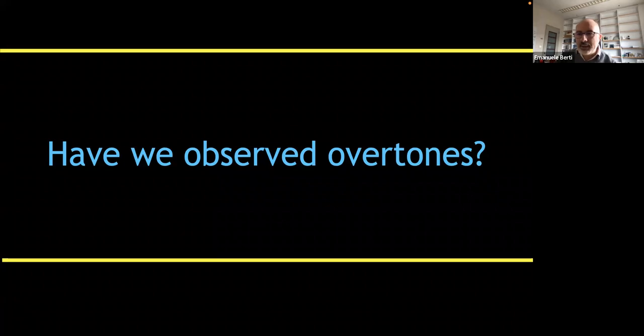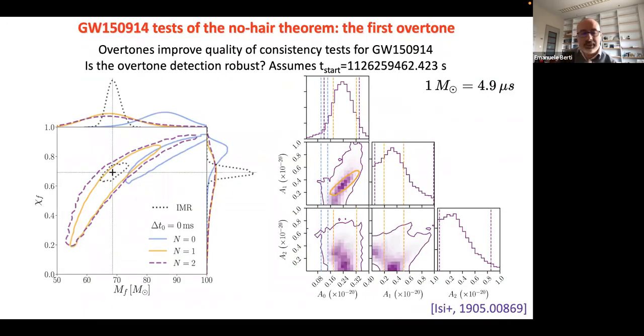So now the experimental question: we observe the overtones. What people did in this paper, Max Sisi and others, was they said, well, let's see if adding overtones improves the quality of consistency tests for GW150914. And they took the actual data and they said, this is the value of the final mass and spin that you expect in numerical relativity.